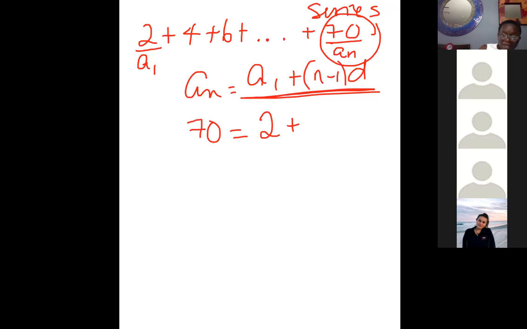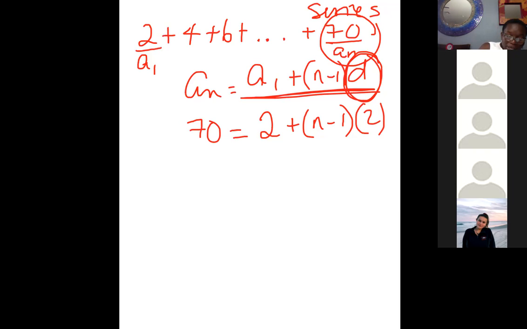Okay, n minus 1. We don't know what the n value is, so we're just going to leave it like that. Now, guys, what's the d value for this problem? What's the common difference? The common difference is 2. That's the number that you keep adding over and over again. Now, I see what you were saying, Sarah, but you still have to add the 1 to it, okay?